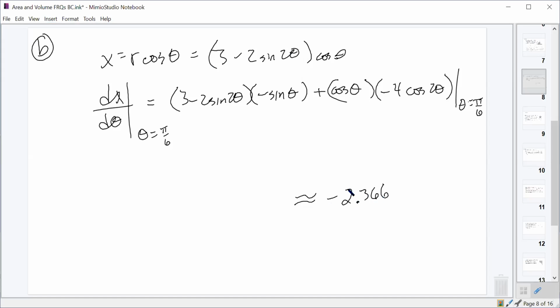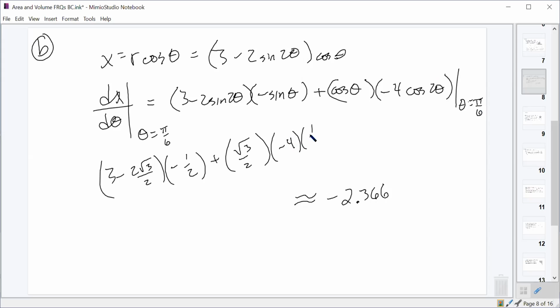And if this was not a calculator problem, you still should have been able to do this, right? 3 minus 2 times the sine of pi/3, so 3 minus 2 root 3 over 2, times negative sine pi/6, plus cosine pi/6 times -4 cosine of pi/3. And you would have gotten whatever that comes out to be.